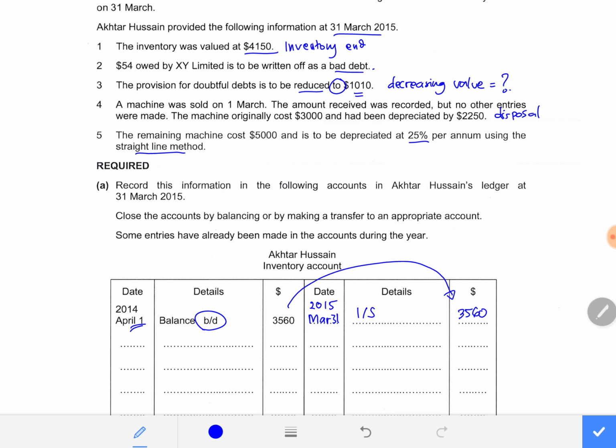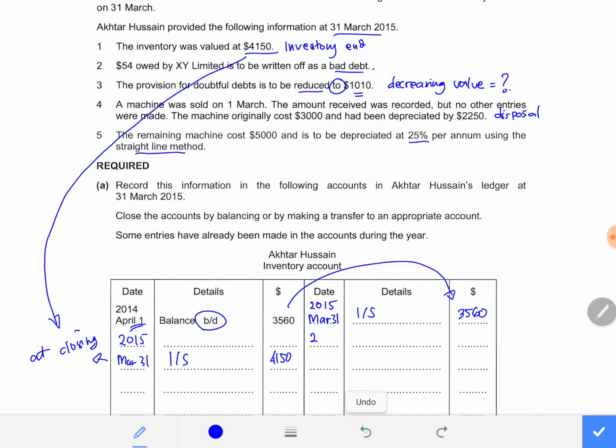And then you go to the debit side, 2015, March 31, another IS, but this is at closing. So your closing is this. It's 4,150.